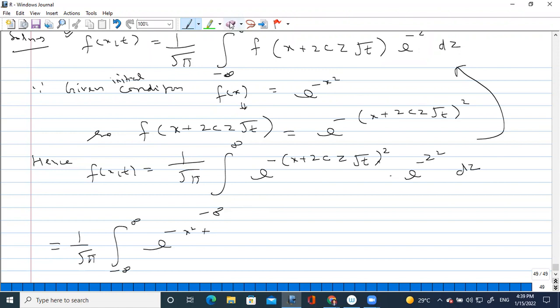That also will be minus because the minus sign is outside. Plus 4xcz under root t also will be there, so that also becomes minus 4cxz under root t. This is just the opening of this, and minus z square will also come from here. Now it is complete. Okay, note down this first.